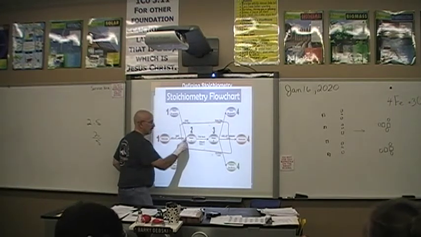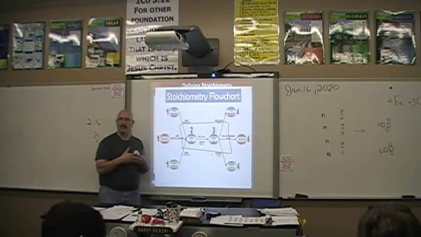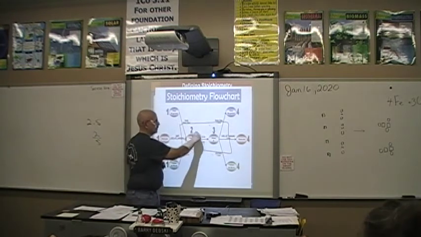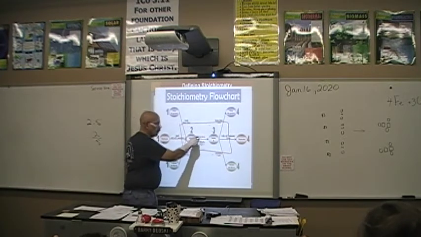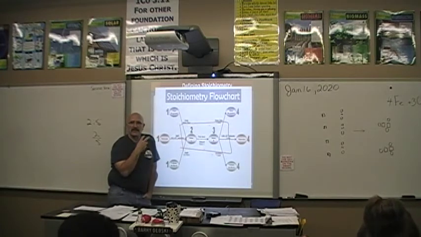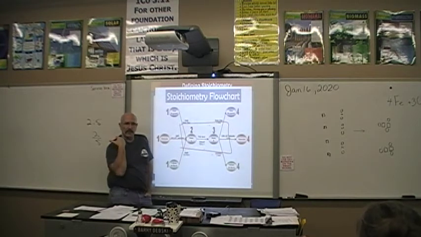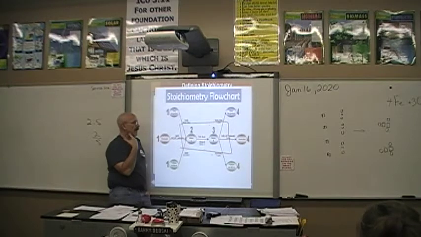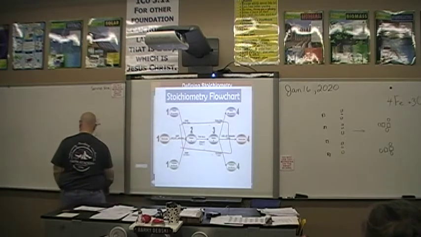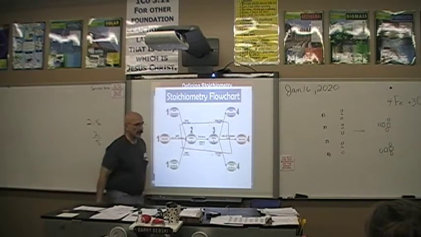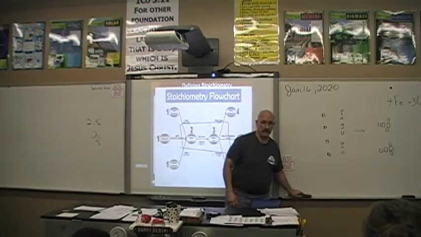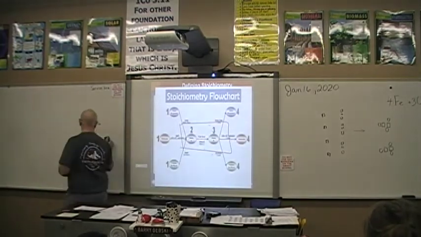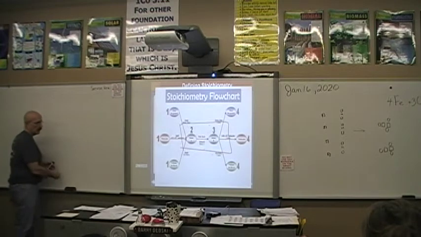Okay, today, what we just talked about was called a mole ratio. In the very center here, where you see number 2, number 3, you'll see the words mole ratio. The simplest kind of problem, I'll do one on the board for you in a few minutes, is if I have X number of moles of something, how many moles will I produce? It's pretty simple. You just take your starting number and multiply by your mole ratio.